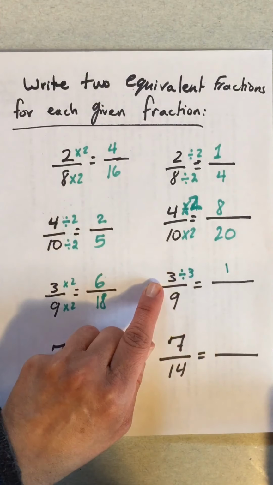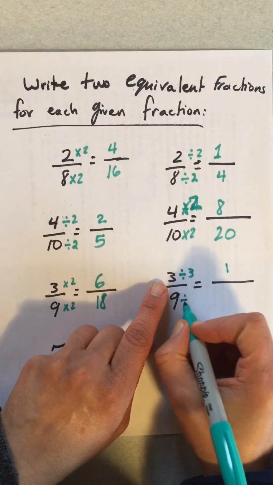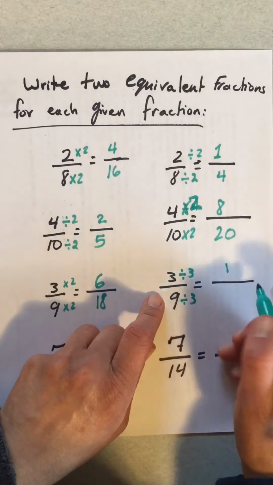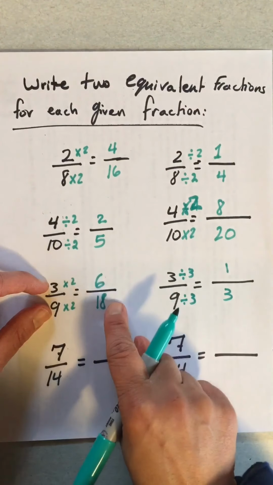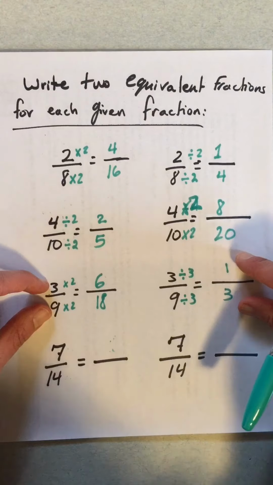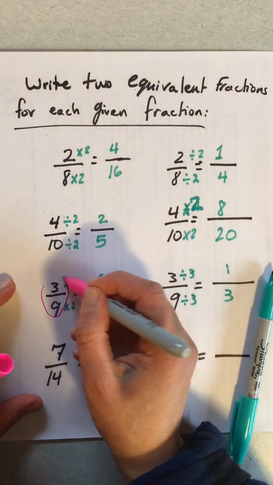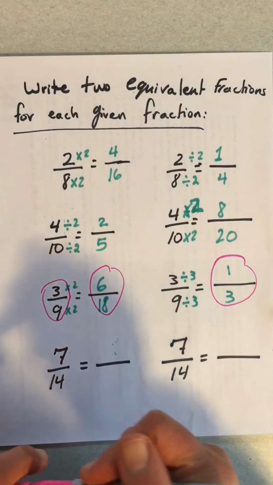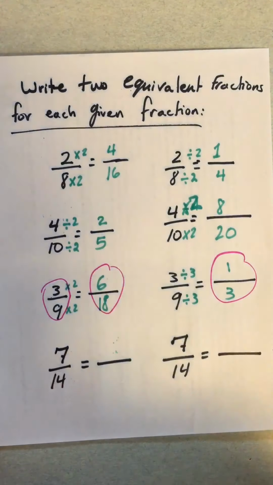It's 1. If I divide the numerator by 3, I have to divide the denominator by 3. 9 divided by 3 is 3. So 3 over 9 is the same as 6 over 18. It's the same as 1 over 3. This one, this one, and this one are equivalent fractions. They're the same value.